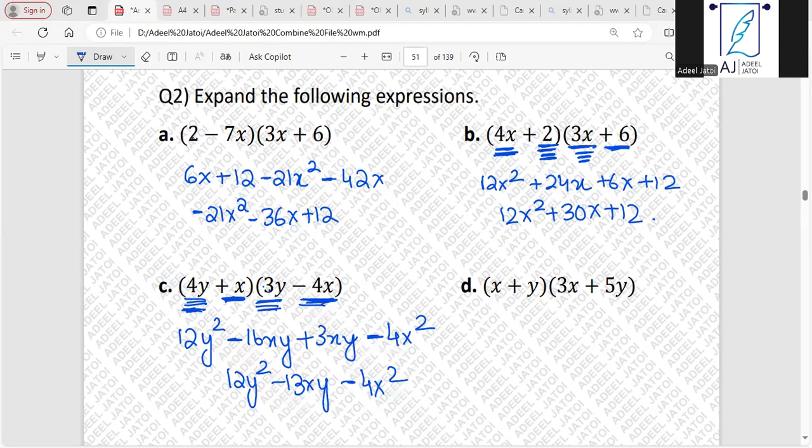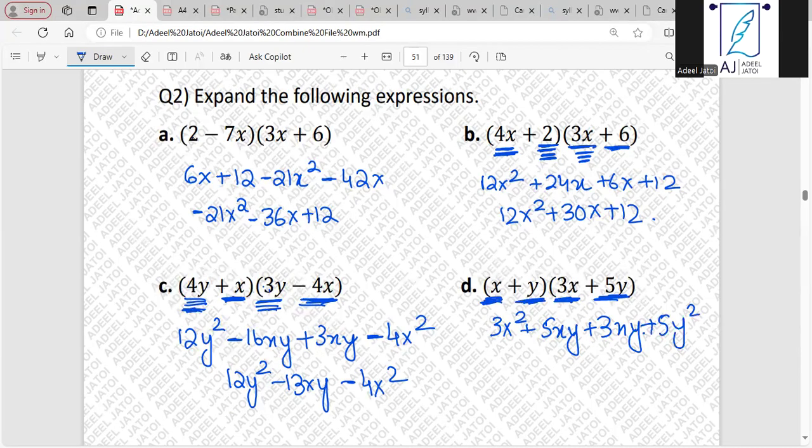Then what do we have? Part D. Your part D says x into 3x is 3x square. X into 5y becomes what? 5xy. Y into 3x becomes what? 3xy, right? And then y into 5y becomes 5y square.